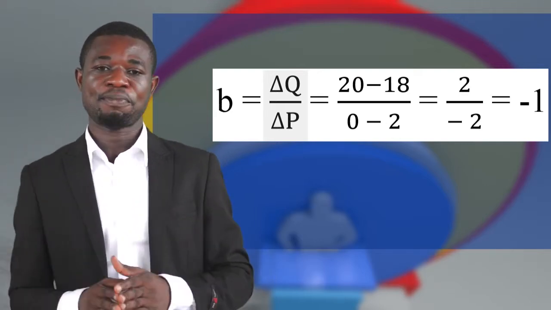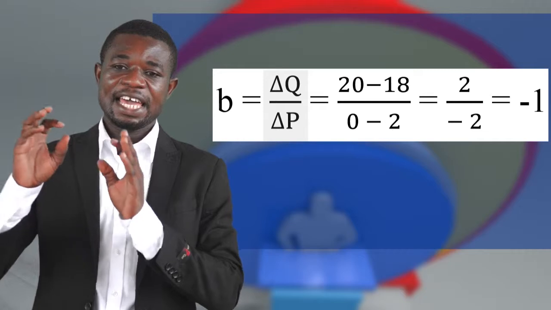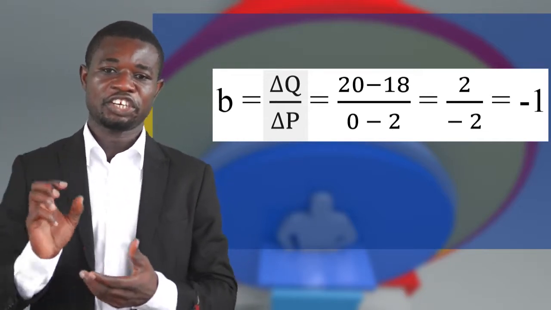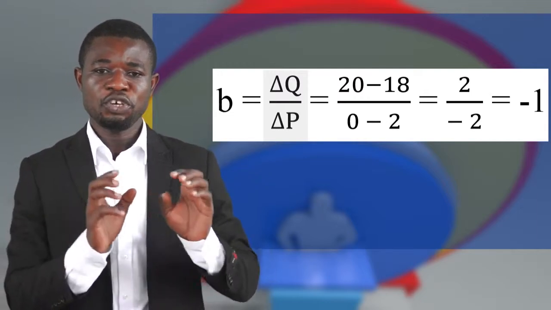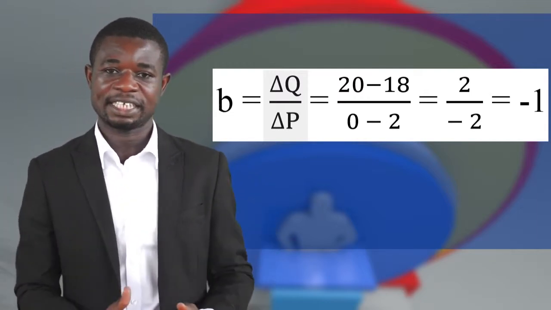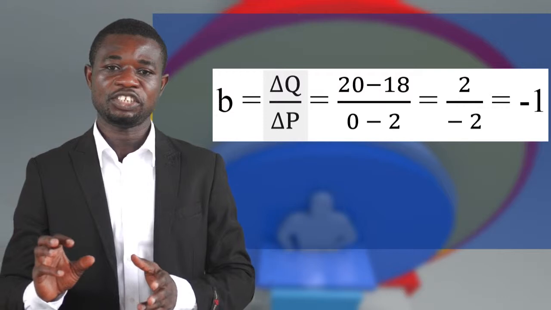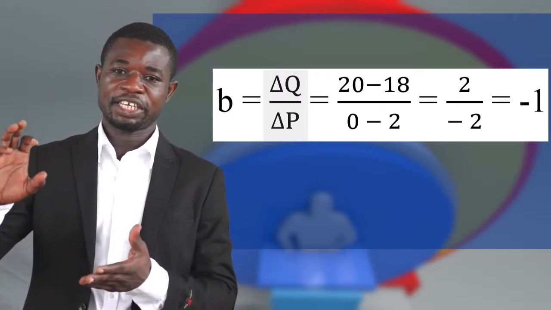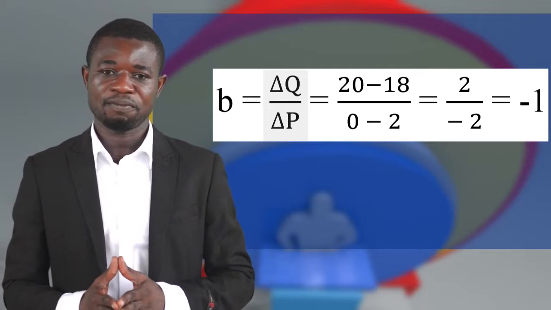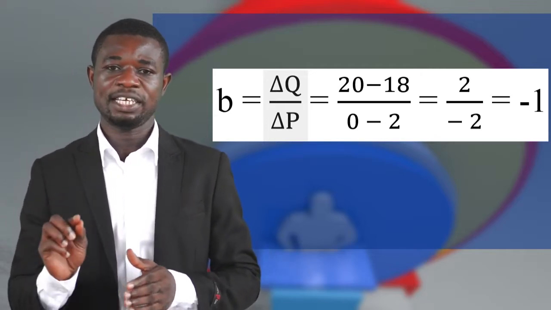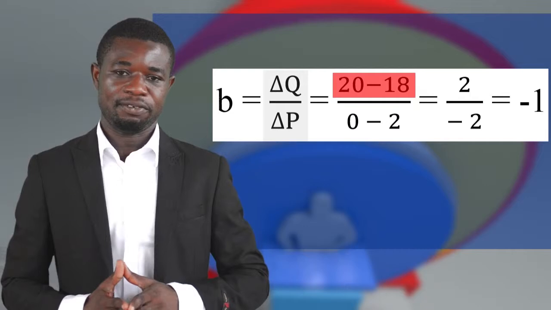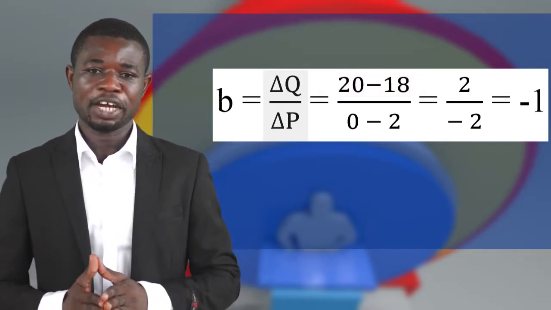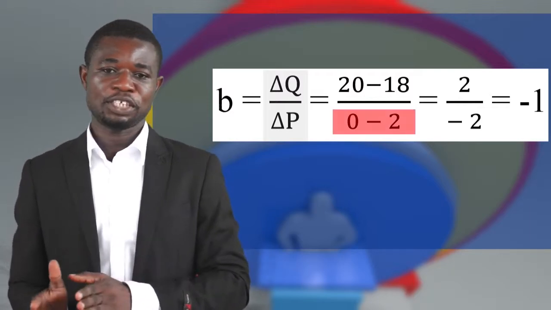However, you must remember that any two quantities that you use in ascertaining the change in Q, you have to use their corresponding prices in ascertaining the change in P. Therefore, in our change in Q, as you can see on the screen, we made it 20 minus 18. And the change in price also is 0 minus 2.